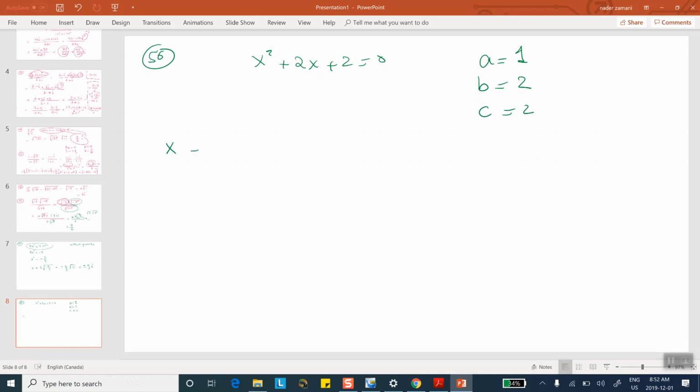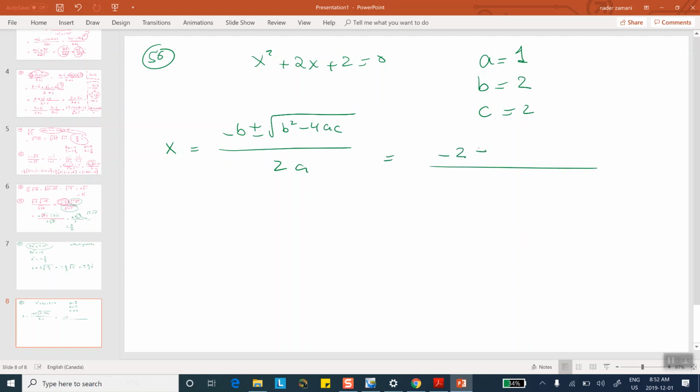So x equal to minus b plus or minus root of b squared minus 4ac over 2a. So it's going to be minus 2 plus or minus square root of 2 squared minus 4. a is 1, c is 2, divided by 2 times 1.